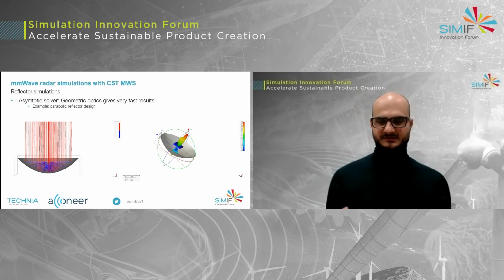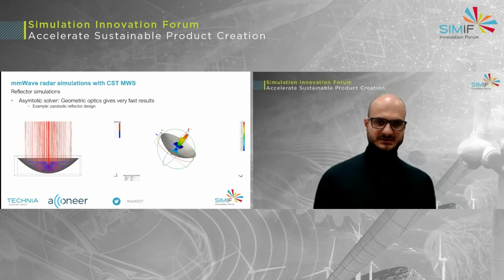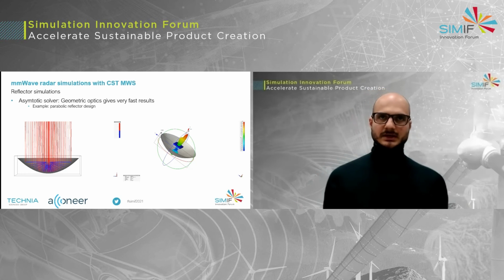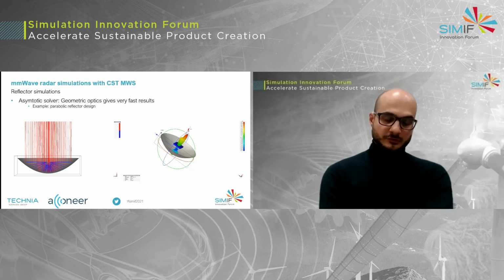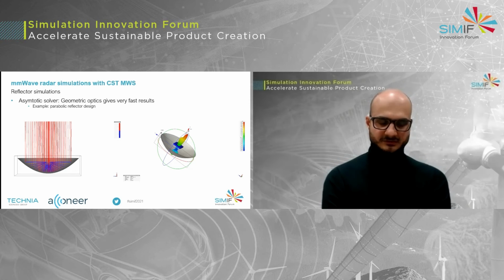In this case, the reflector would be much larger than a wavelength, and using a full model and a time domain solver would take a lot of time to simulate this type of structure. So one way to optimize the simulation time would be to use asymptotic solvers. The main benefit is using geometric optics, which gives very fast results.